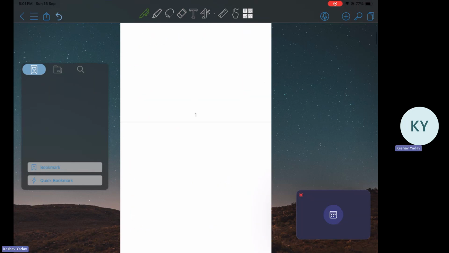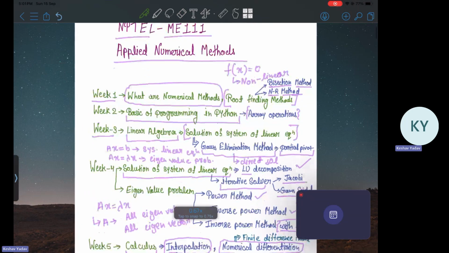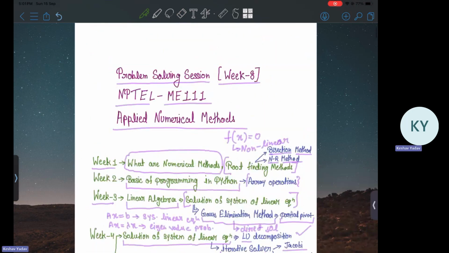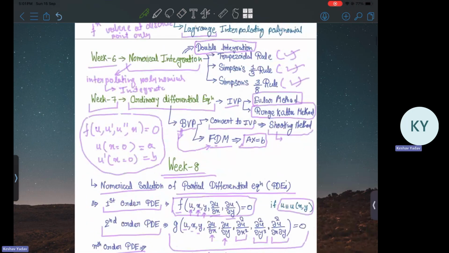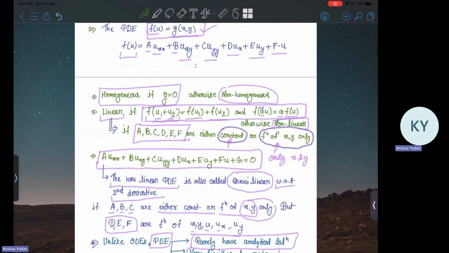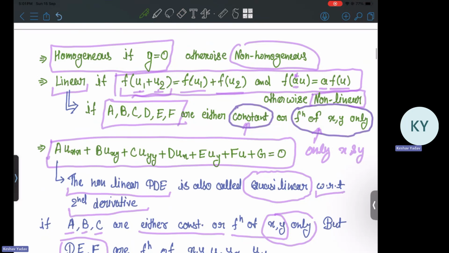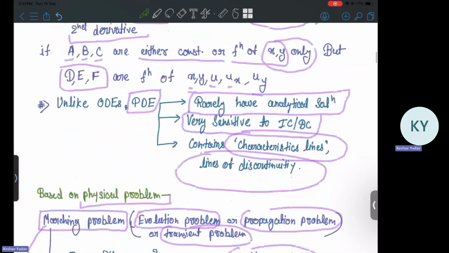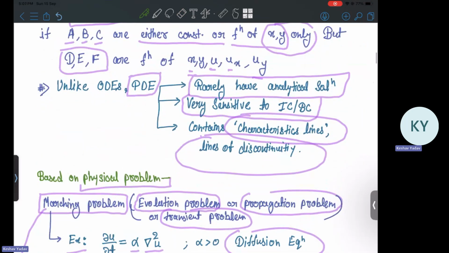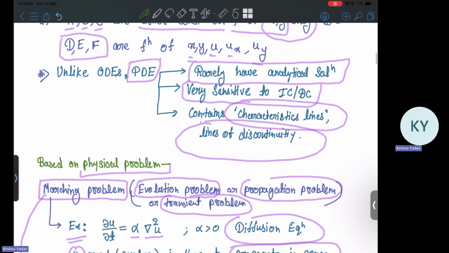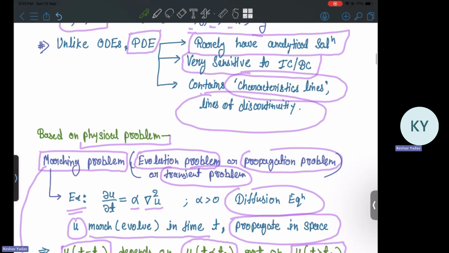So this is what we need to discuss in this week 8. Okay. First, we have seen what is homogeneous PDE, what is linear PDE. Then on the basis of mathematical structure, what is parabolic PDE, what is hyperbolic PDE, and what is elliptic PDE.